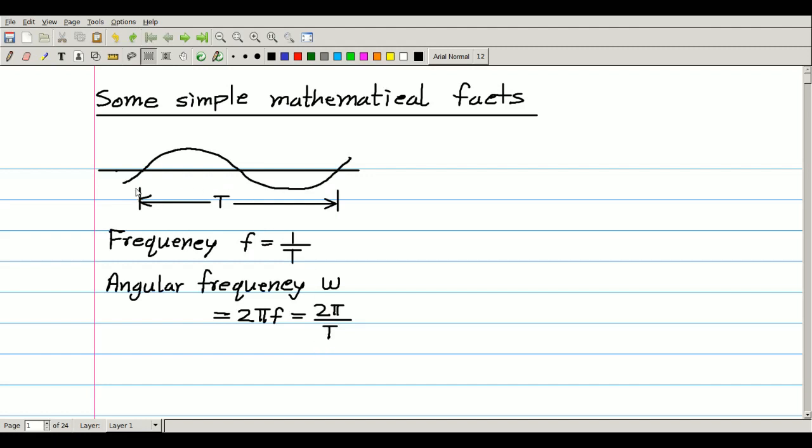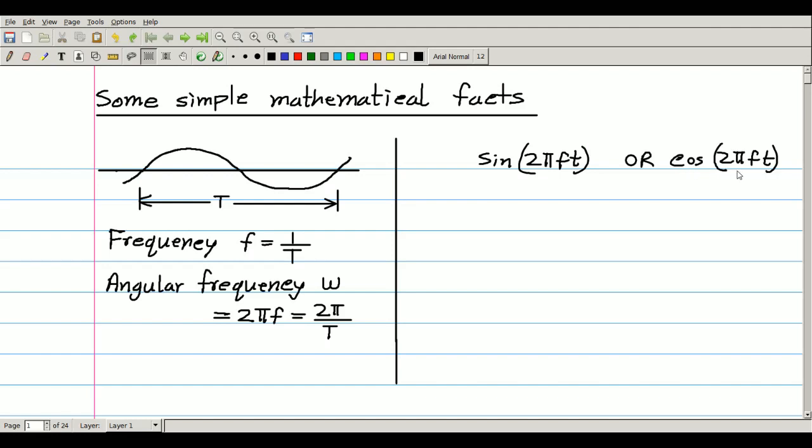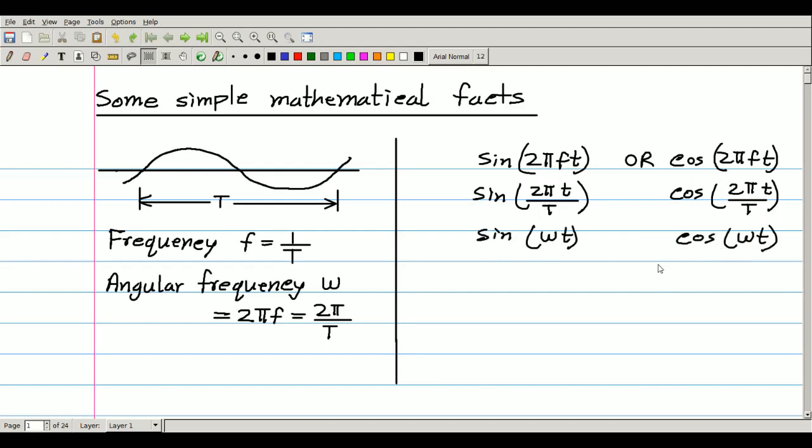Now you can write such a sine or cosine signal as sine 2 pi ft or as cosine 2 pi ft. You may also write them as sine 2 pi t over capital T or cosine 2 pi t over capital T, or even simply you may write sine omega t or cosine omega t.